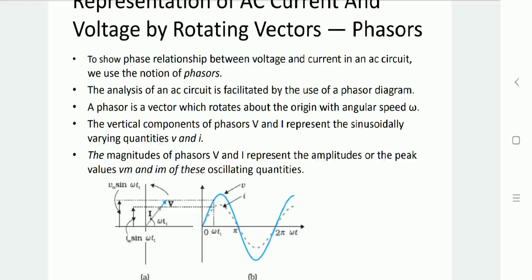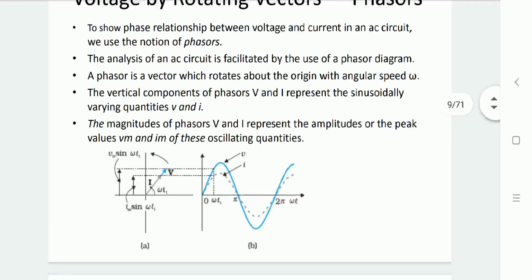As you observe in the diagram, as we have already discussed earlier, the same diagram is represented over here in sinusoidal form. Focus on diagram B: voltage and current both are in the same phase. Both start from the 0 point on the x-axis, both values simultaneously increase, go to 0, and again go negative.